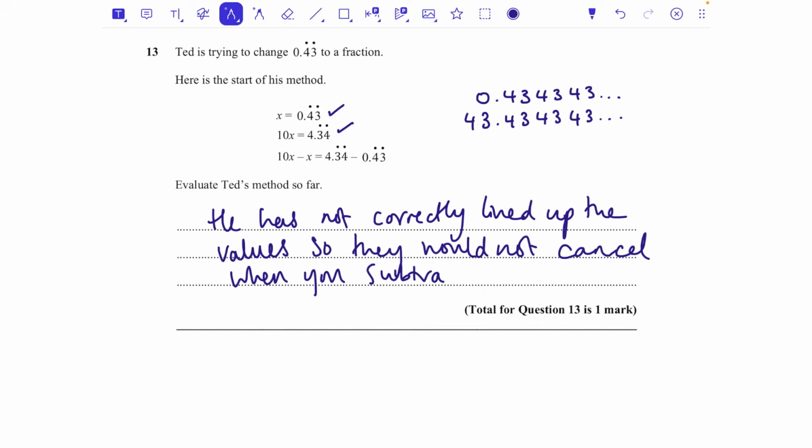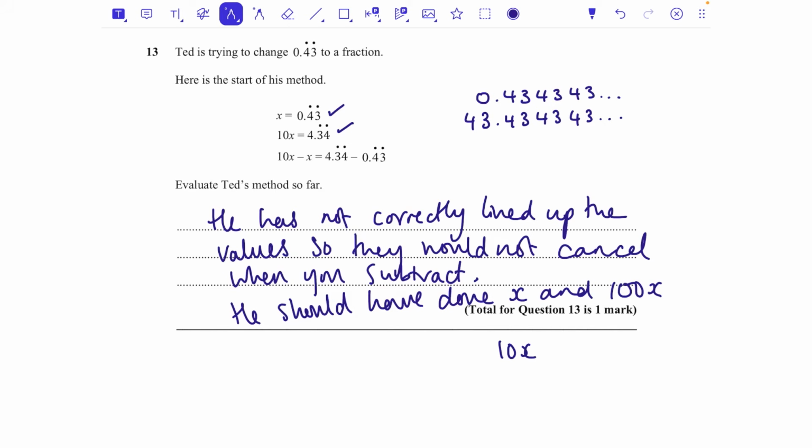Or you could say something along the lines of, he should have done x and 100x, or he could have done 10x and 1000x. That would have worked as well, as long as the things that he did were 2 place value, like 100 times bigger than each other, then that would have been absolutely fine. There you go for that one.